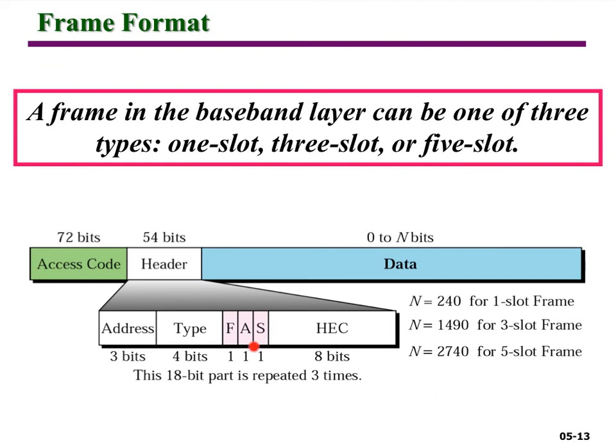So the S flag here is the window size, exactly similar to TCP, except that when the S flag is 1, what does that mean? For TCP, what does it mean if the window size is 1?